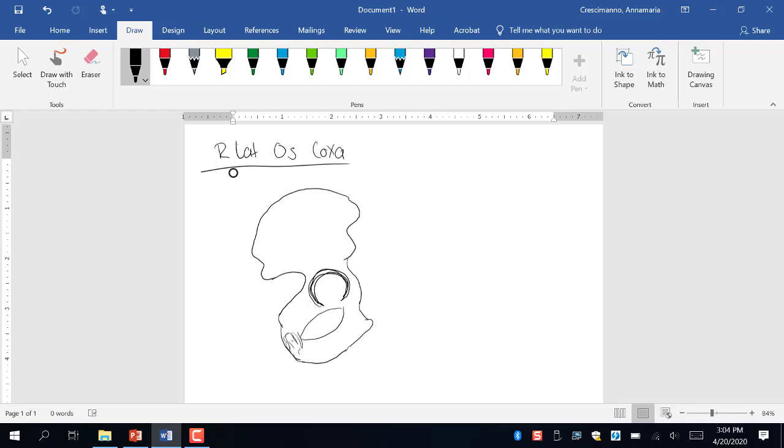And we're also going to be looking at a medial view of a right os coxa, so I'm going to go ahead and draw that right now as well.